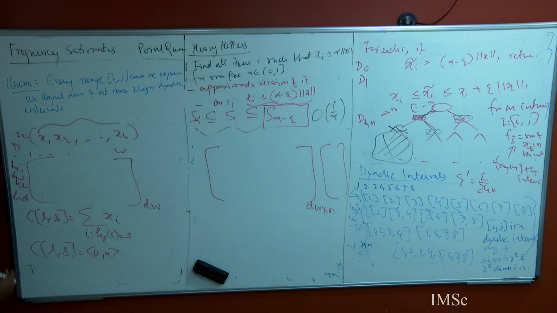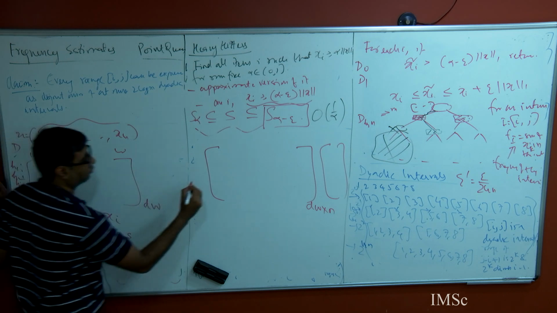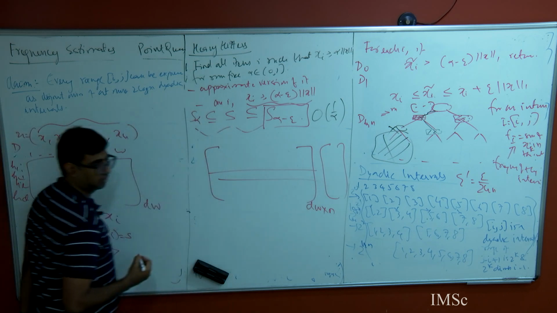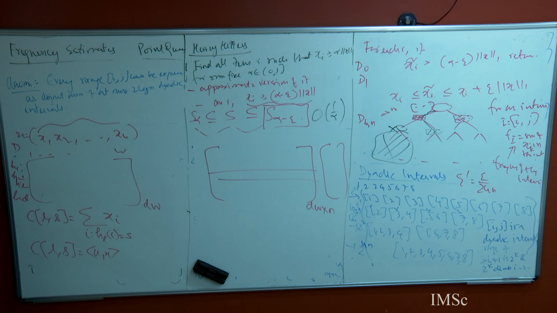For each entry I am going to write a vector. Hey, come on, this is obvious. Now that I have told you what this whole thing is, for each entry I have a row. It's a 0,1 vector of length n: whichever index maps to S, put 1, 0 otherwise.